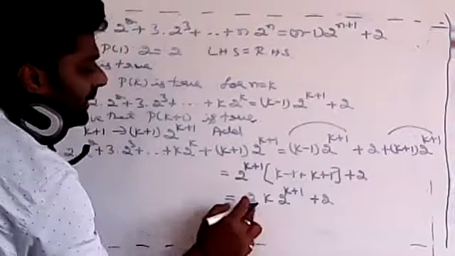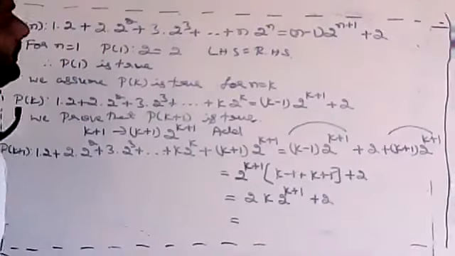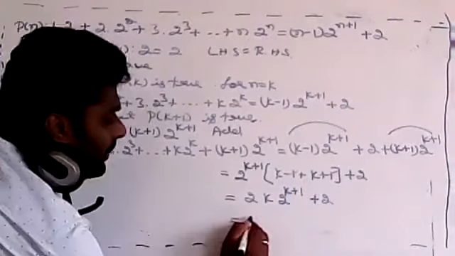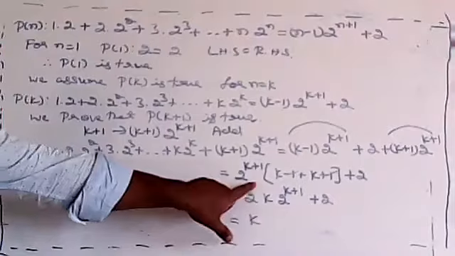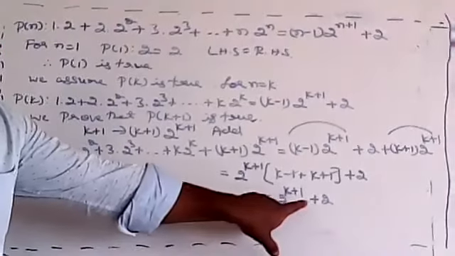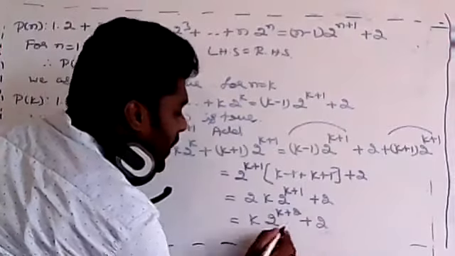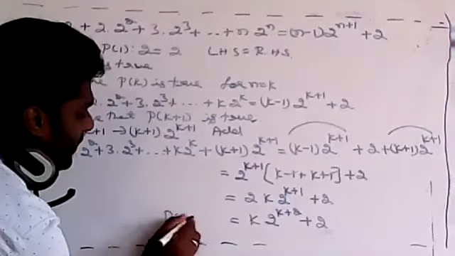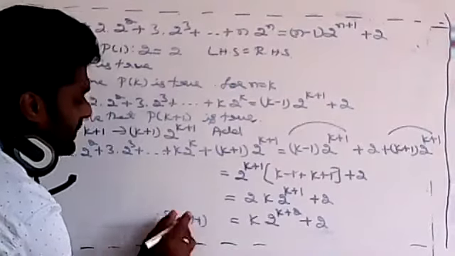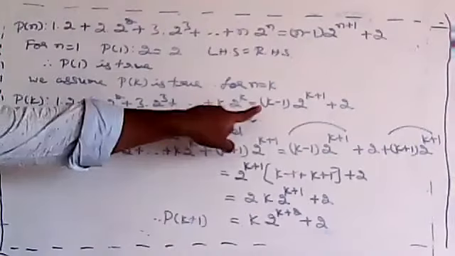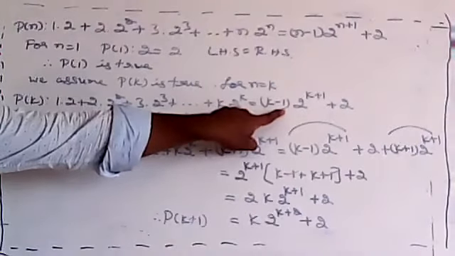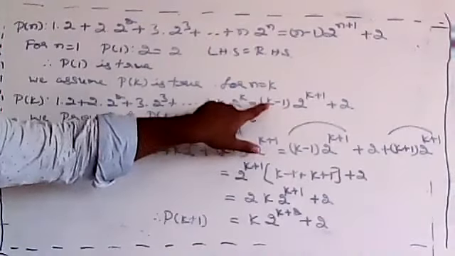Next I'm applying the laws of indices here. See, here I'm writing k, 2 to the power of 1 into 2 to the power of k plus 1, which is 2 to the power of k plus 2, plus 2. You can check this is the P of k plus 1th term on the RHS. You can check in P of k, here k minus 1 is there. In this place of k, you put k plus 1.